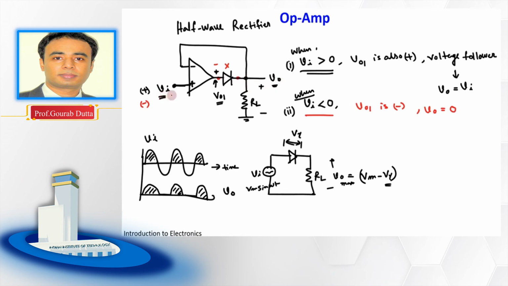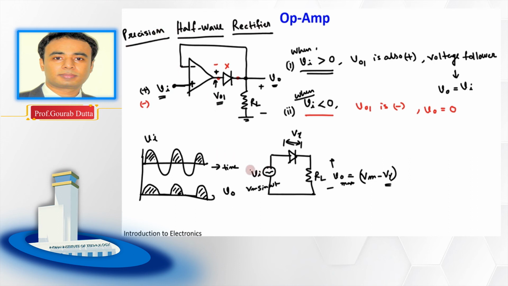So this circuit you can use as a half wave rectifier, and here the output is quite precise: whatever the input voltage, the same output voltage you are getting. This type of half wave rectifier implemented using an op amp is called a precision half wave rectifier.